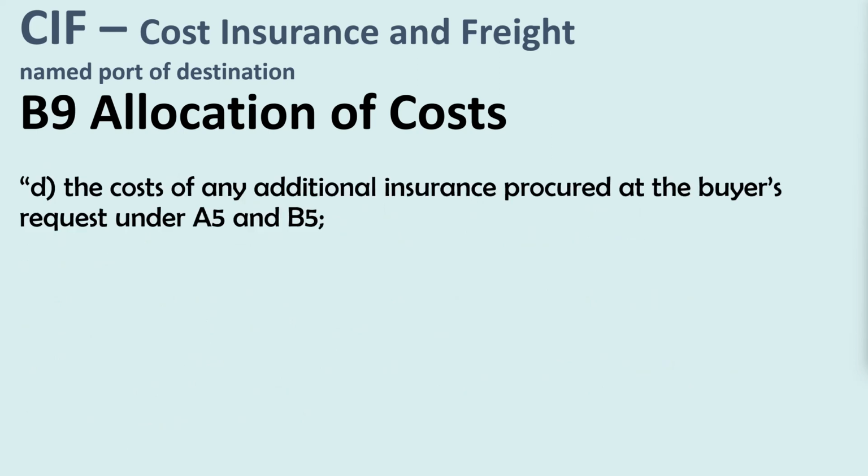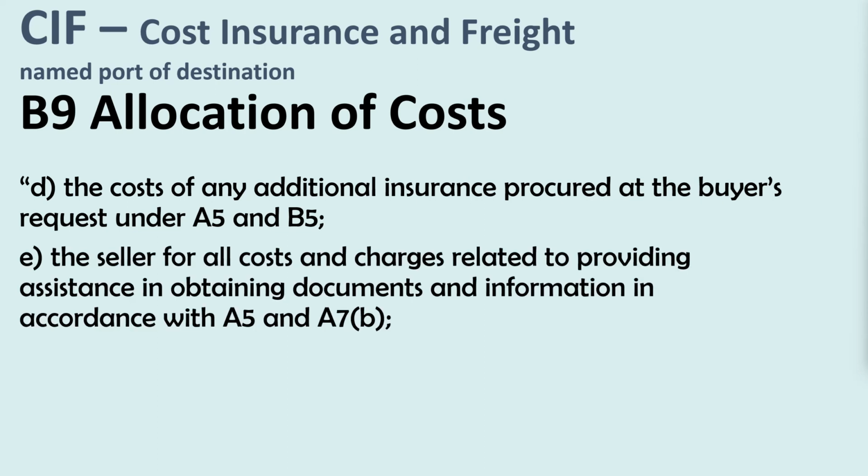The buyer must pay D. The costs of any additional insurance procured at the buyer's request under A5 and B5. The buyer must pay E. The seller for all costs and charges related to providing assistance in obtaining documents and information in accordance with A5 and A7B.